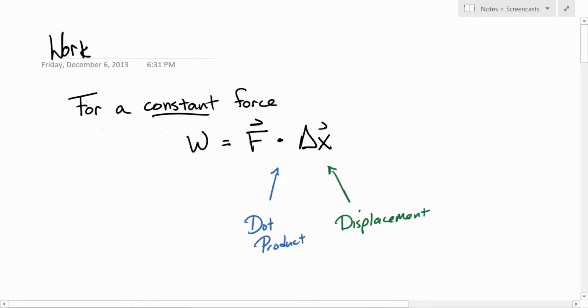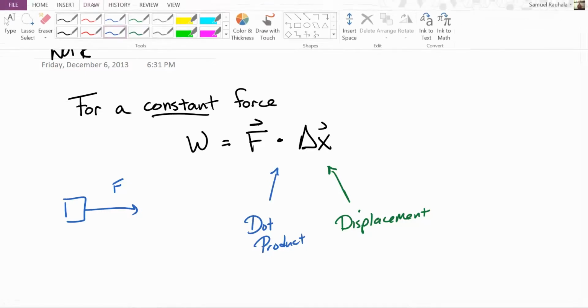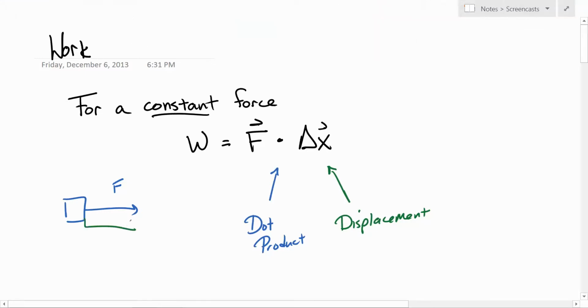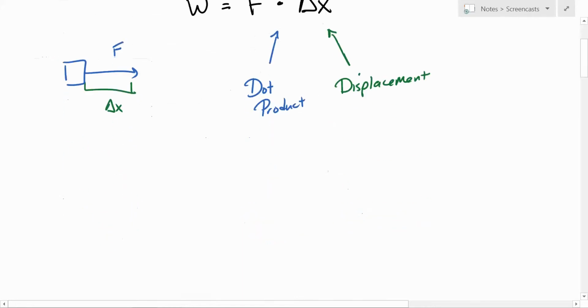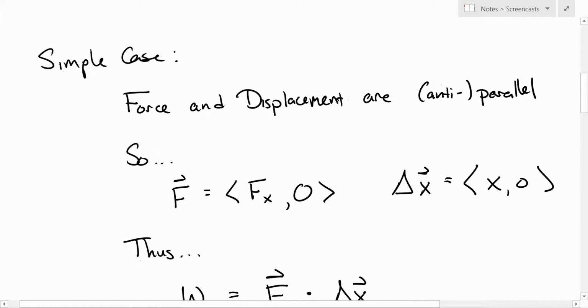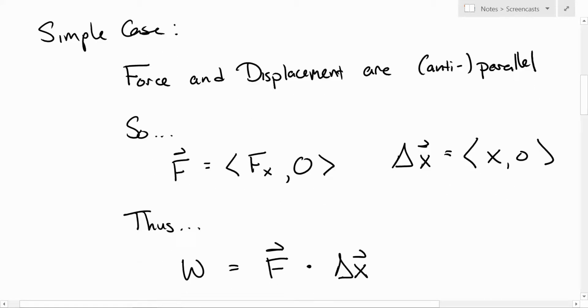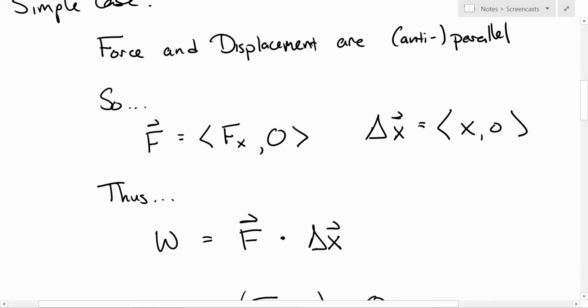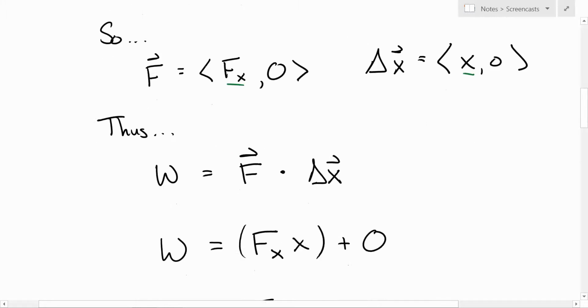So, if I've got a box, and I pull this box with some force F, and this box moves through some displacement delta x, then the work done will look like the dot product of this. So, simple case. Let's just take the case where force and displacement are parallel or anti-parallel. So, force is only in the x direction, displacement is only in the x direction.